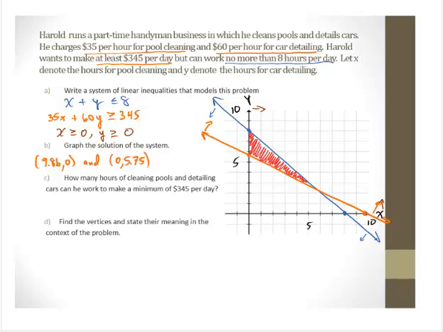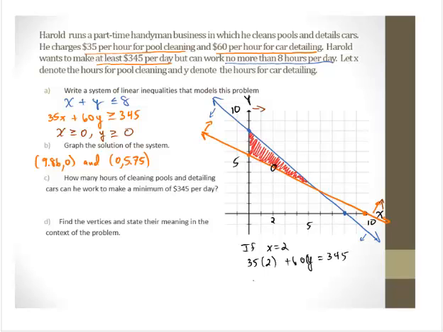Let's say he worked 2 hours on X, so 2 hours for pool cleaning. So if X equals 2, then 35 times 2 plus 60 times Y, let's let that equal 345.